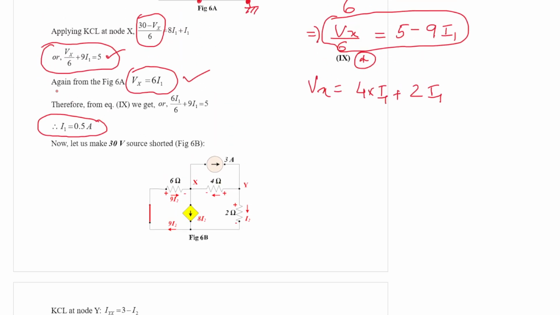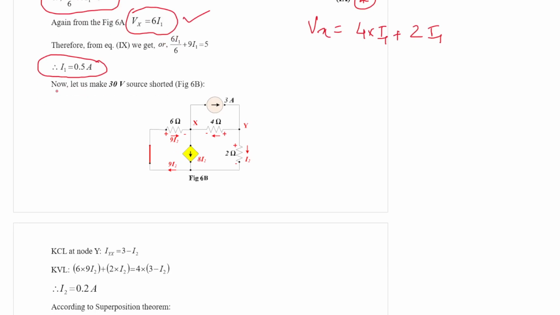Now consider the second part, when we have the 3 ampere current source active here, but the voltage source is removed by short circuiting its terminal. So let us analyze this circuit.